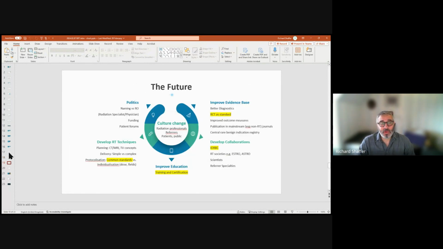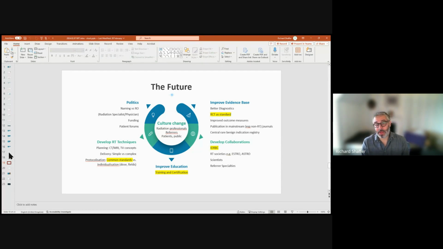So for the future, I think there's a lot that we need to do to change culture. Going in not too much detail, we do need to improve the evidence base. I really feel that randomized controlled trials need to be the standard. The Germans have done an enormous amount of publication, but they tend to do it in their own German journals. We need to develop collaborations. I've started the IORBC, which is the International Organization for Radiotherapy for Benign Conditions, at iorbc.com, and I would encourage you to join that because we do put out regular information.